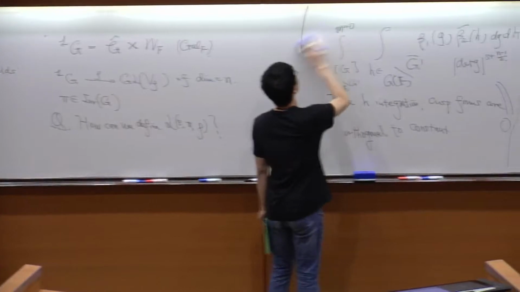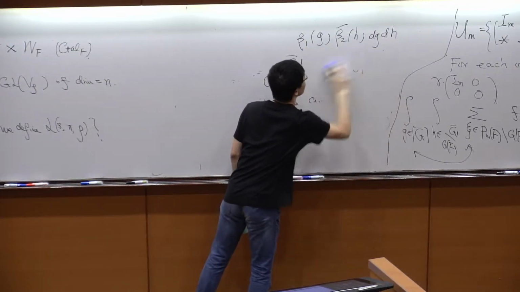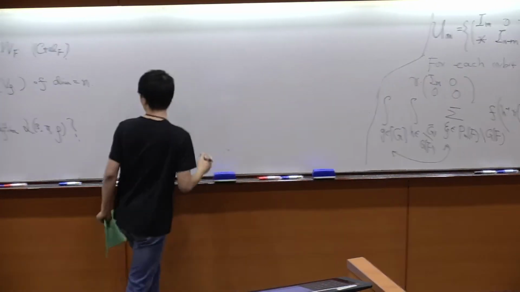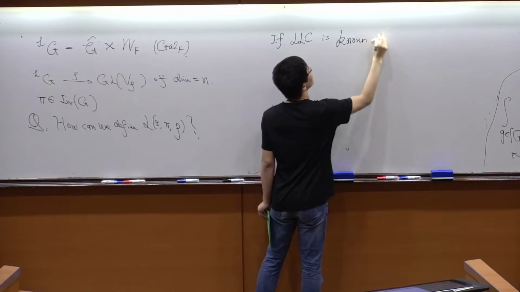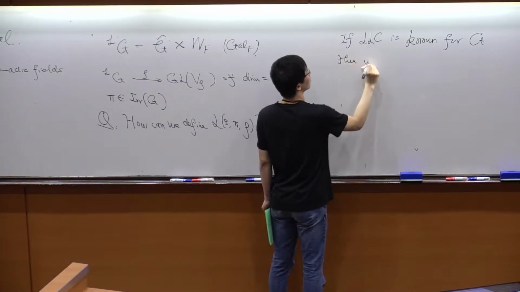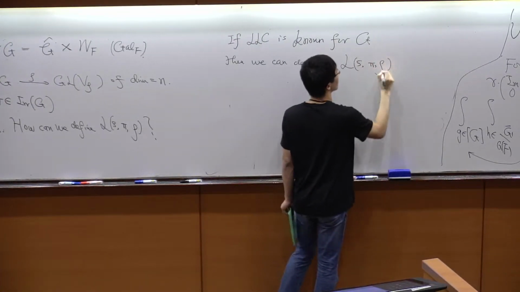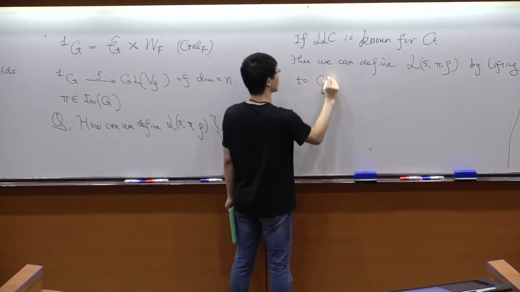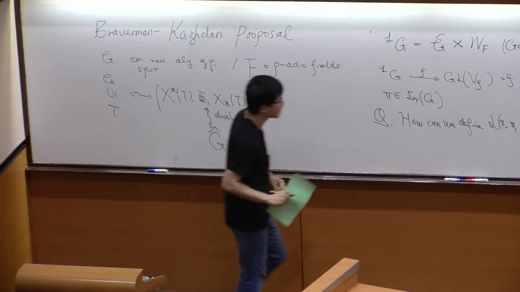So if the local Langlands correspondence is known for G, then we can define the L factor by composing with rho to get a representation of the Weil-Deligne group, and then you can use either the Artin L function or the L function of Godement-Jacquet.